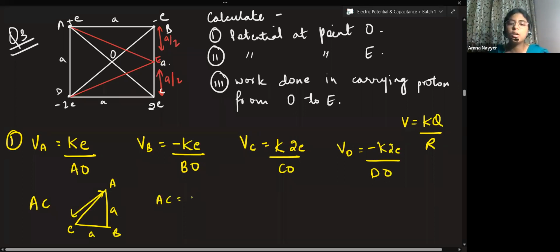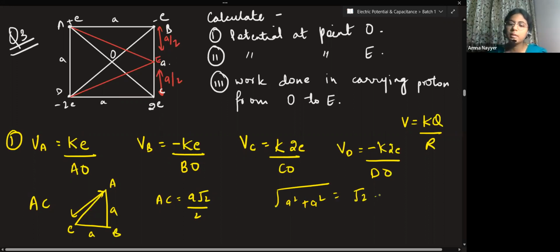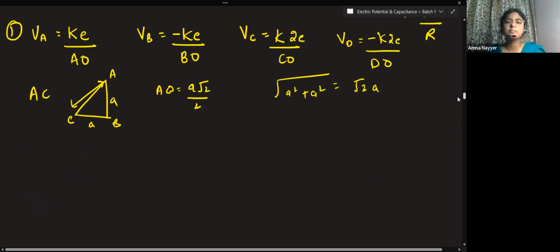AC will be root of A square plus A square, which gives root 2A square. This becomes root 2A. When you divide it by 2, we get AO, which becomes A root 2 by 2, or you can write it as A by root 2 only.